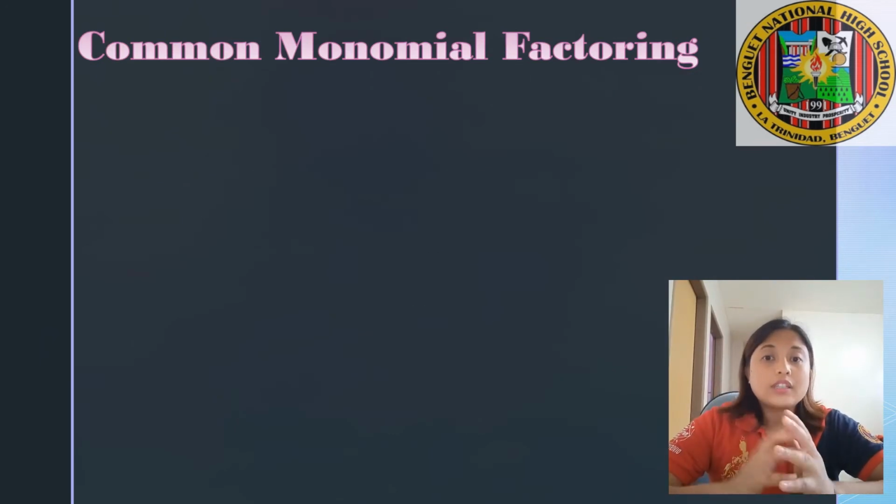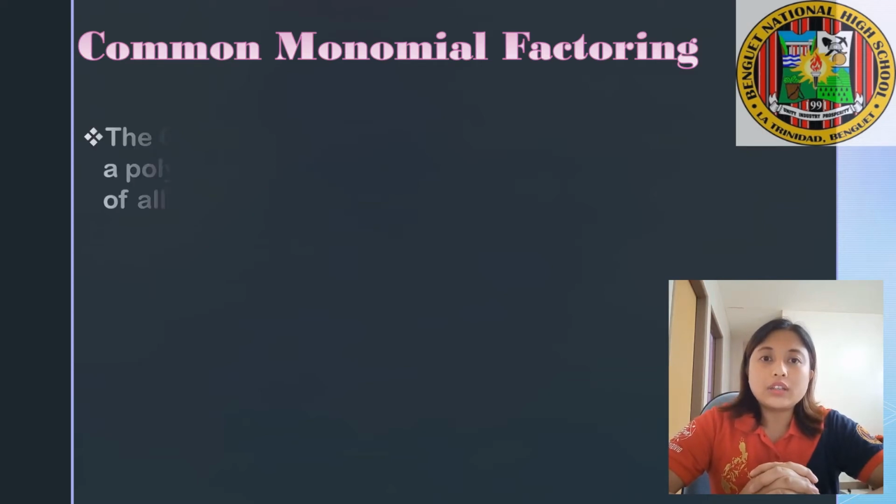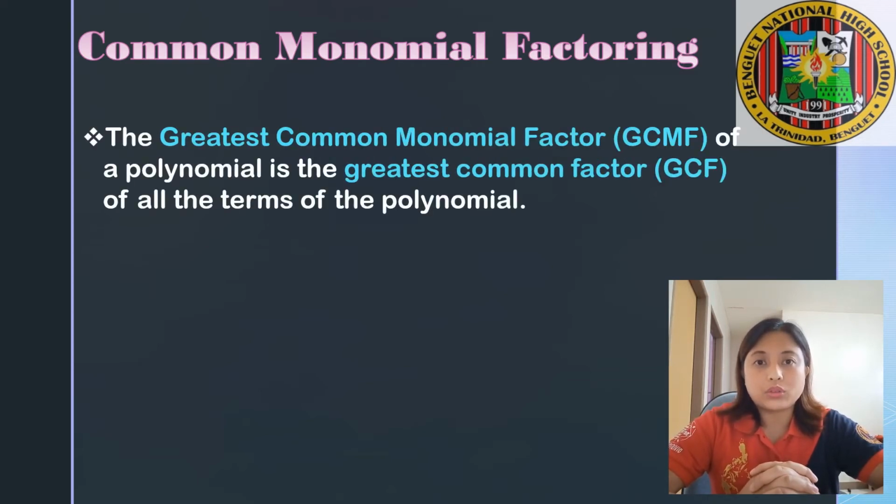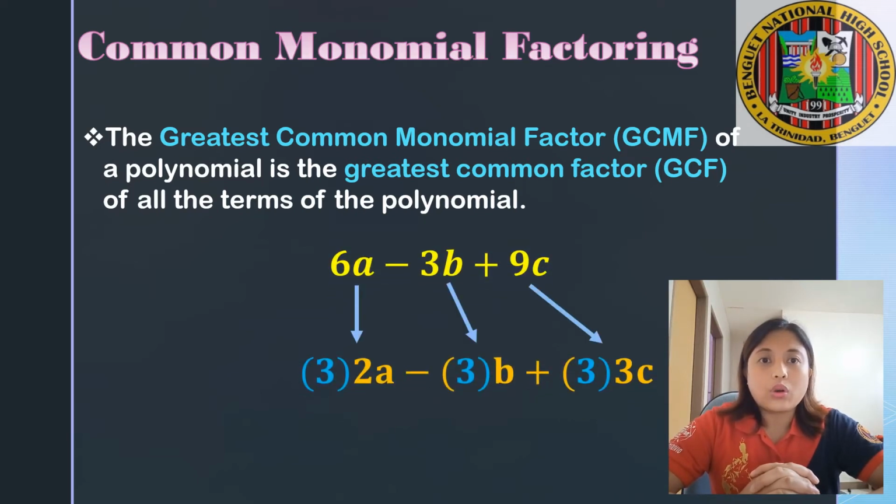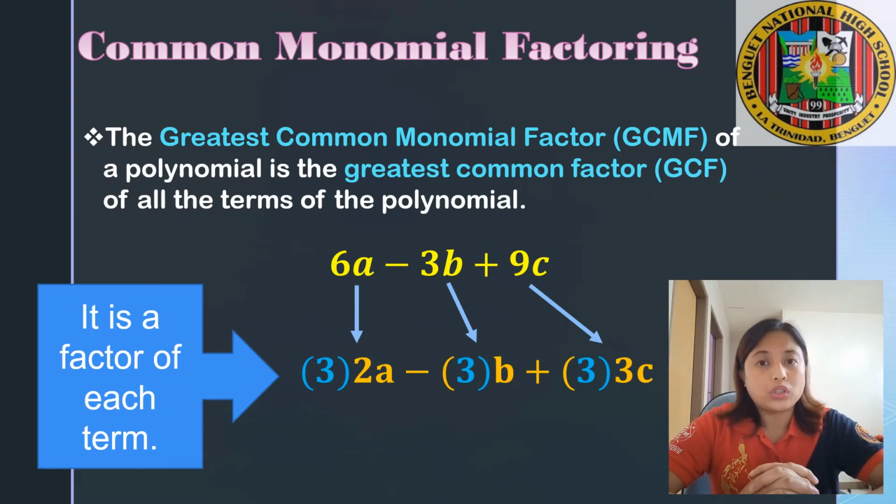The first and simplest factoring technique that we can use is the common monomial factoring. For this method, we need to find the greatest common monomial factor of all the terms in the polynomial. If we solve this GCMF correctly, we will see that it is a factor of each term of the polynomial.